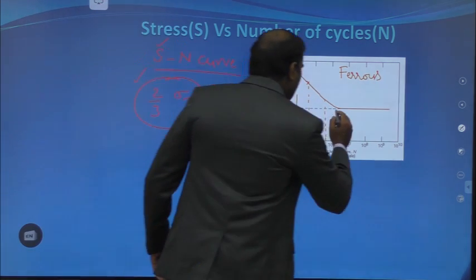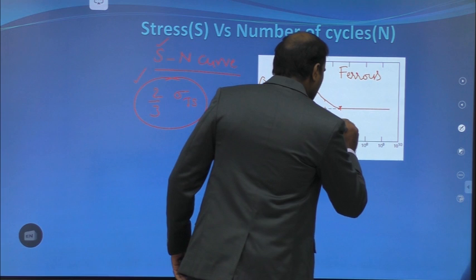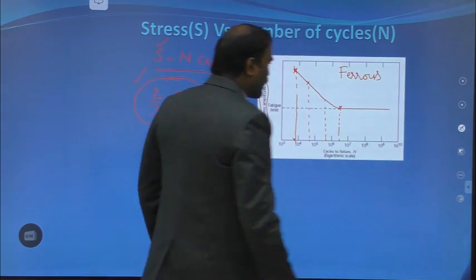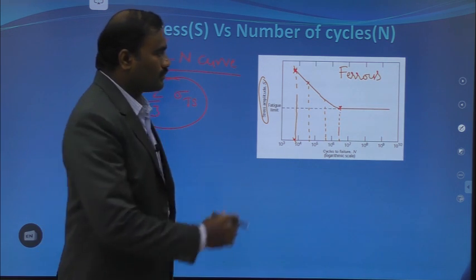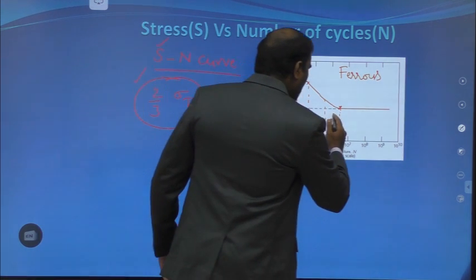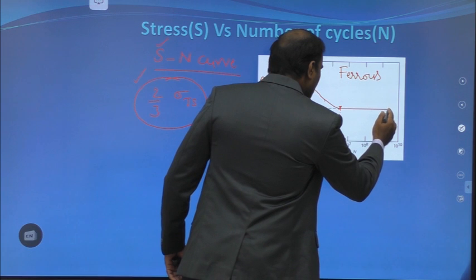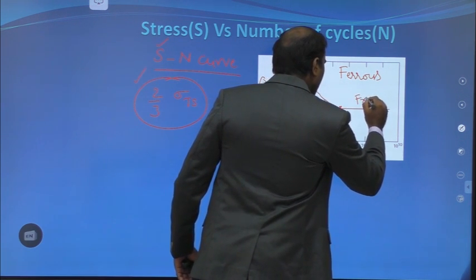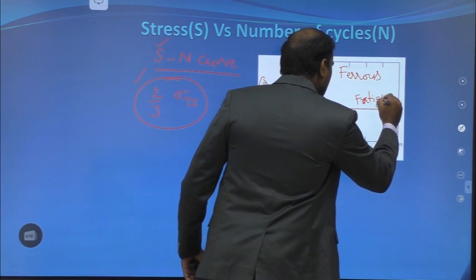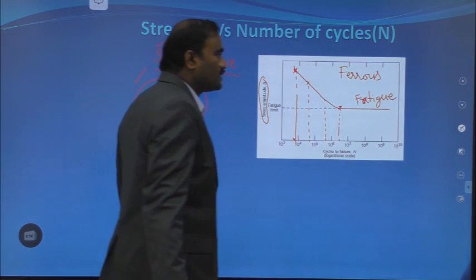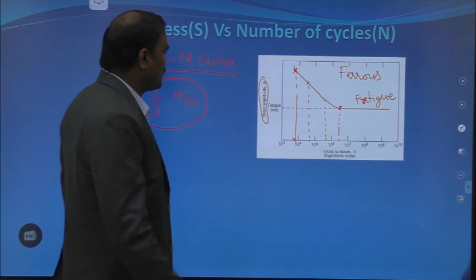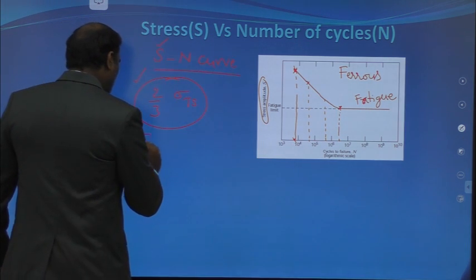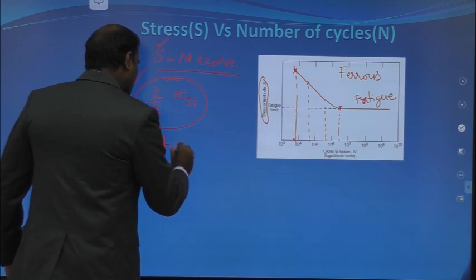Suppose there is a stress value at or below which no fatigue fracture occurs. That limit is called the fatigue limit.